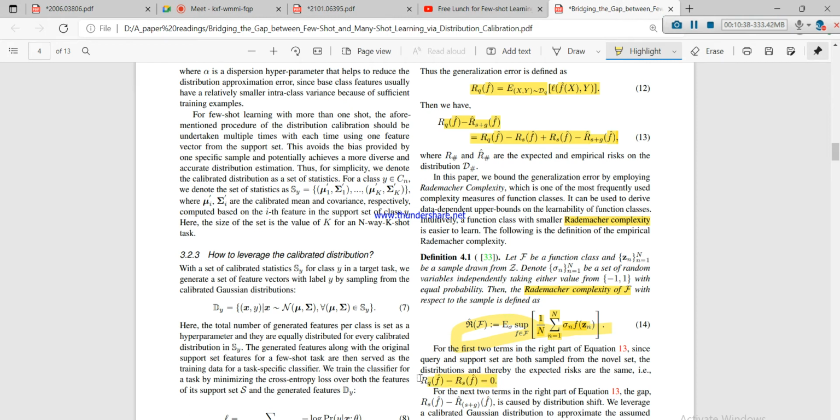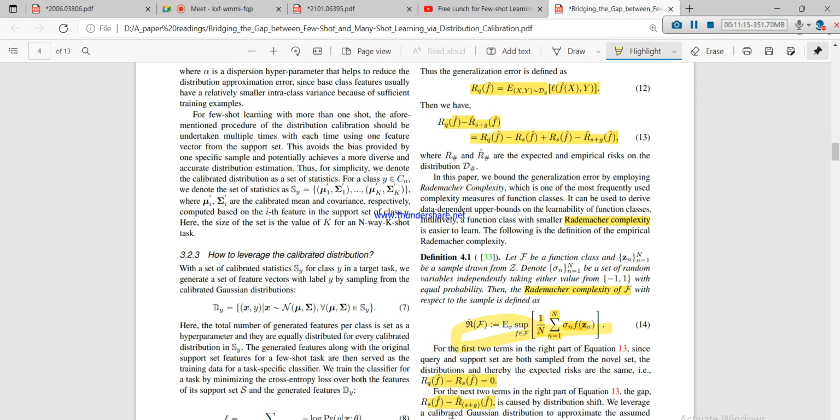So what they are saying is that the query and support set are both sampled from the novel set, the distribution and the expected risk are the same. So this expected risk is the same for the next two terms in the right part of the equation. The gap between R support of f and R support plus query of the function is caused by distribution shift.